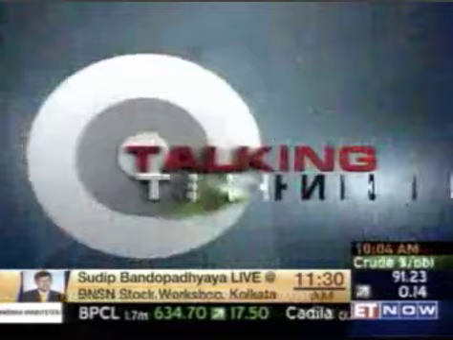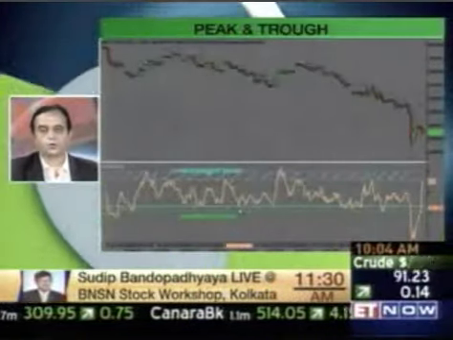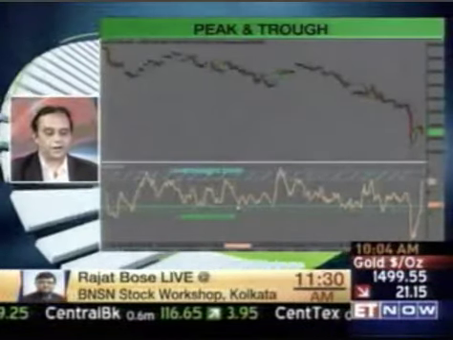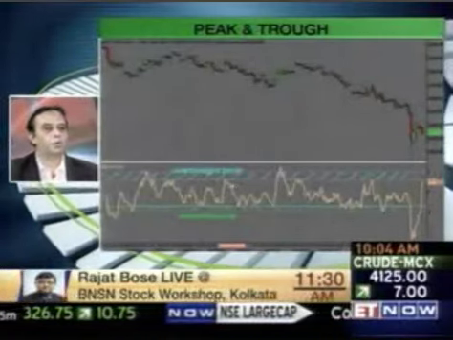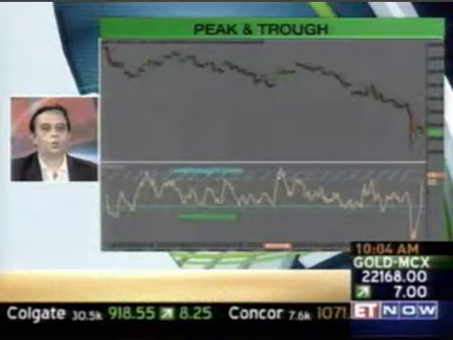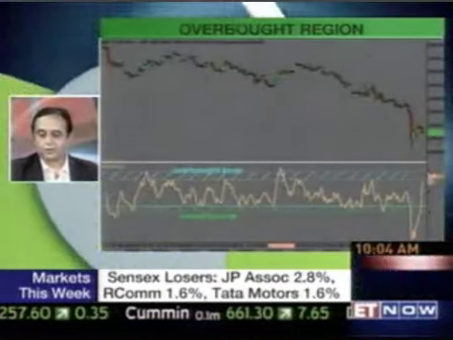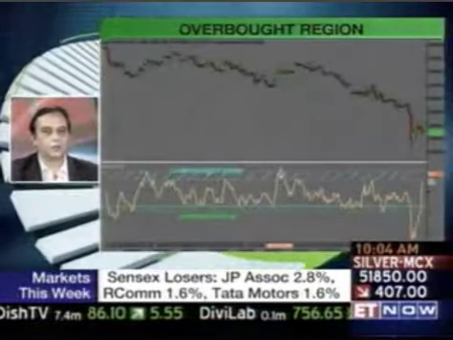Now the areas which we had in the previous chart marked as the peak and the trough are the ones which we call the overbought zone or the oversold zone. The overbought and oversold zones, as you rightly explained, are areas where the market has a lesser tendency to keep going in the same direction. So when you reach the overbought zone, it is a warning from the market that this may be temporarily overdone, and therefore if you go long the stock in the overbought zone, you are taking a larger risk.